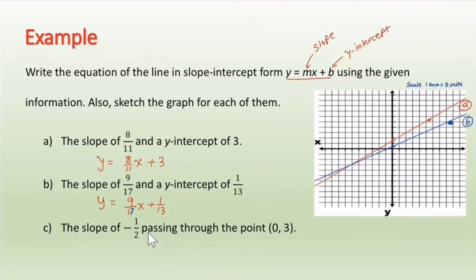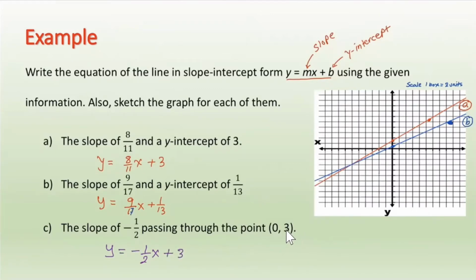So slope is -1/2. So we can write that as y equal to -1/2x. And the y-intercept is 3, because it passes through (0, 3). When x is 0, this is your y-intercept. For y-intercept, the x value is 0.